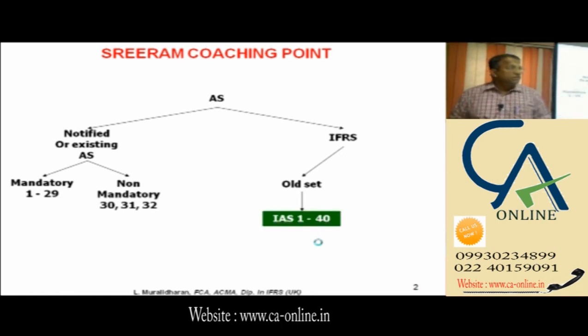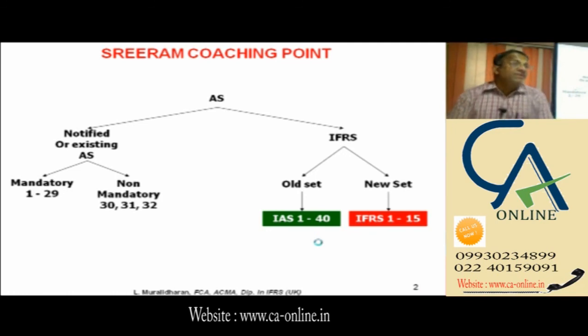Correct? IAS 1 to 40. The new set, what they are bringing out, is IFRS. The new set will have a prefix of IFRS. So, IAS and IFRS are the same only. The old sets are referred to as IAS. The new sets are referred to as IFRS. Okay.